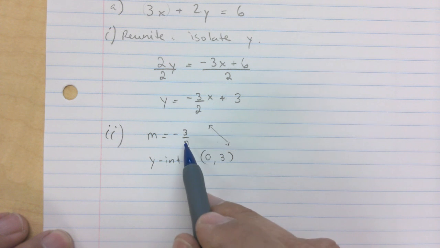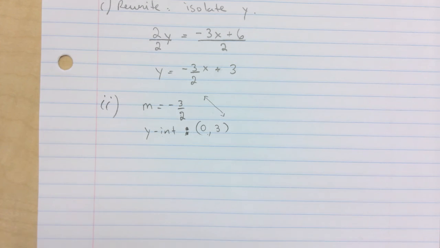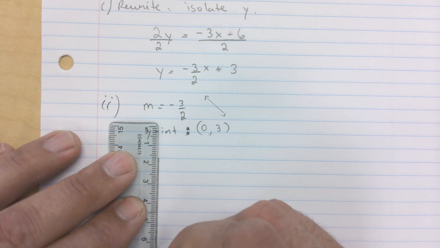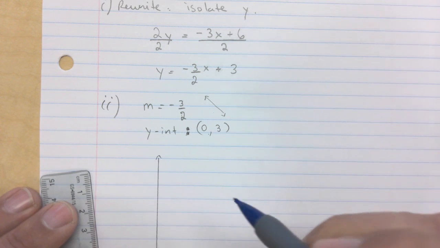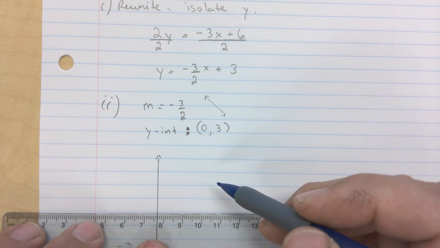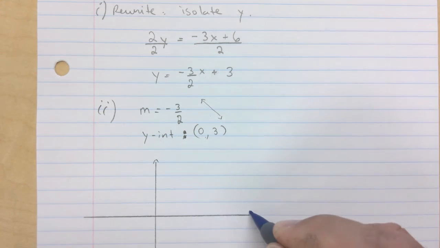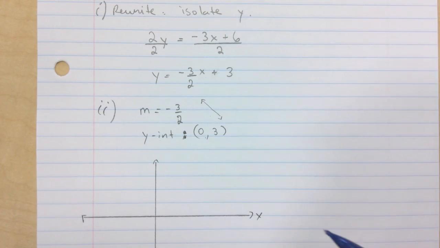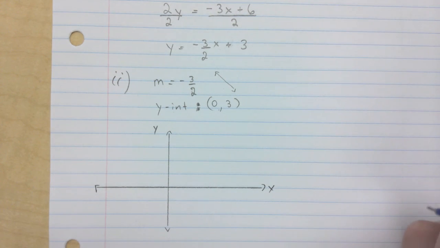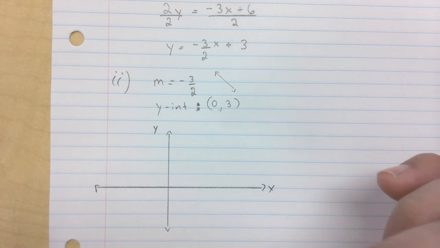All right, so slope, intercept, so now we can graph it. We know it's going to go down like this. So having your small ruler, preferably, we're going to make a little coordinate grid here. Right now this isn't scaled.